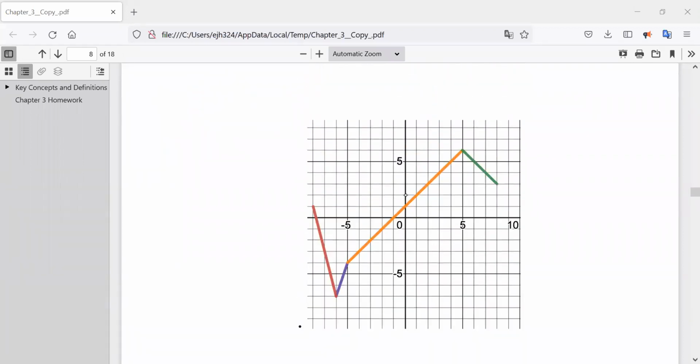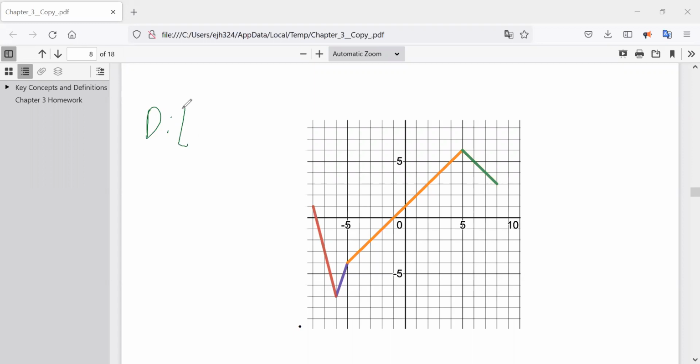So about this guy, is this a function? It is. Yeah, we can draw the vertical line anywhere we want, and it's all good. What are its domain and range? The domain would be -9 to 8?